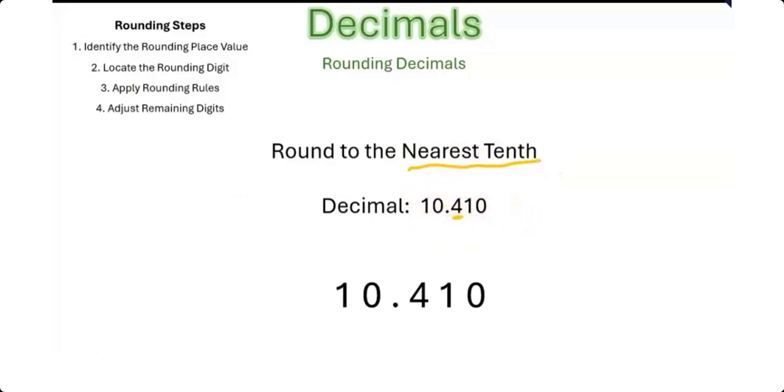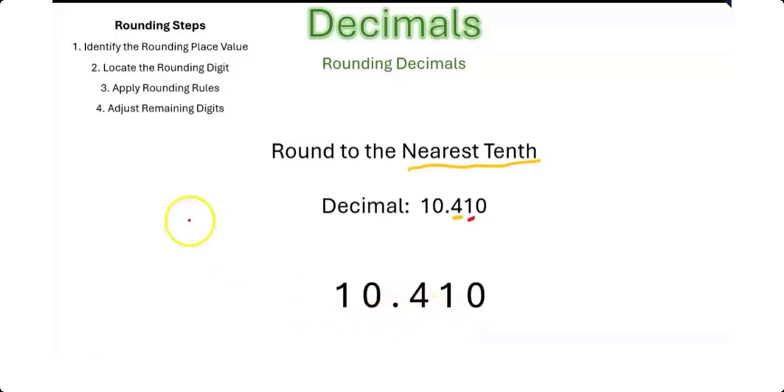Then we have to look next door and we find the rounding number, which is a 1. Remember, if it's less than 5, then the rounding number is going to stay the same. If it's 5 or greater, it's going to round up. So since 1 is less than 5, that means the 4 is going to stay the same.